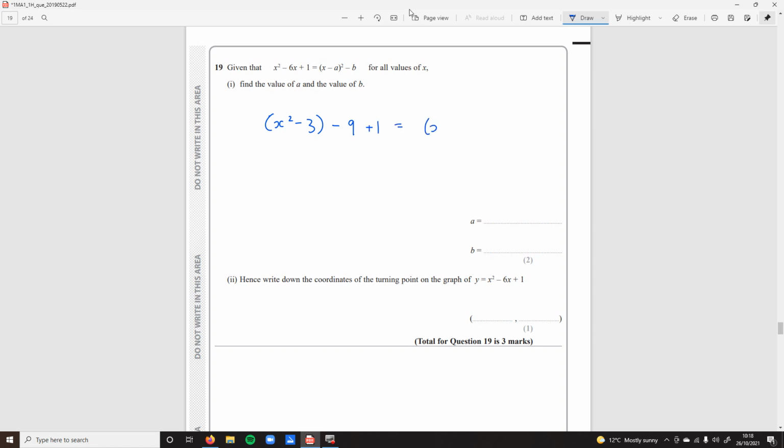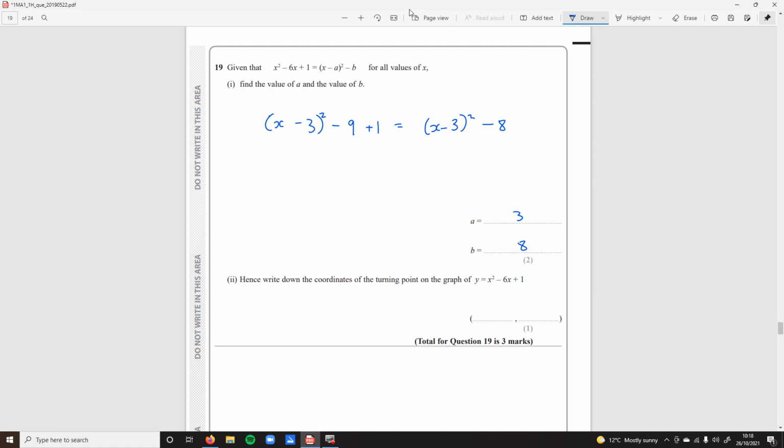Oh, sorry. X minus 3 squared, sorry. All squared. The x minus 3 squared minus 8. So a equals 3 and b equals 8. Don't include your minuses because it already has them in the question.